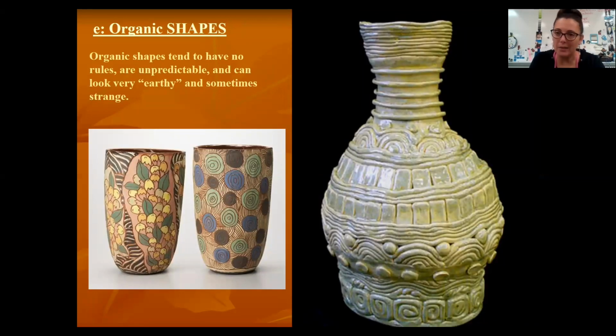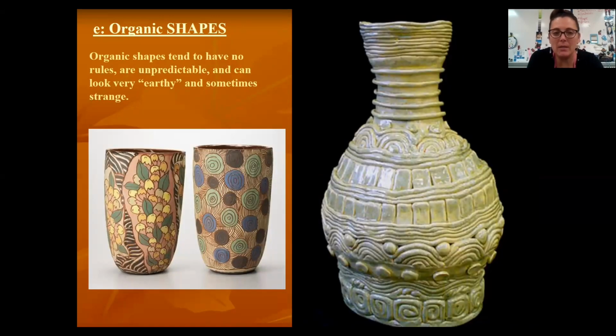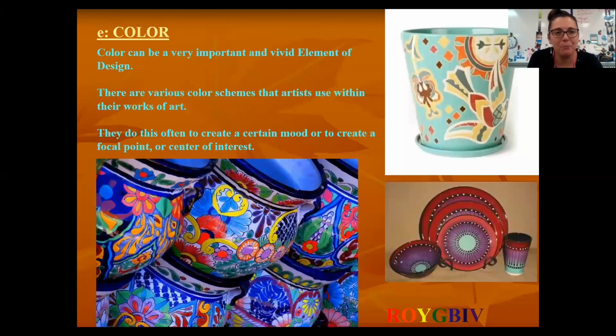Think of your organs. That word organ is even inside of the word organic. So your organs are squishy, they're bendy, you move, they move, earthy. That's probably going to be more of what our pieces look like, and that is a-okay. We sometimes have to surrender that control that comes along with those geometric shapes and realize that our pieces may be a little bit more organic, and that is okay.